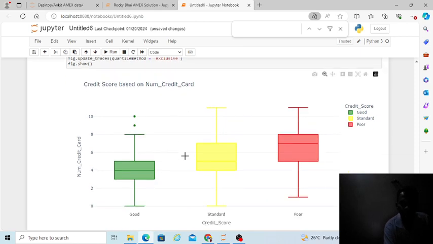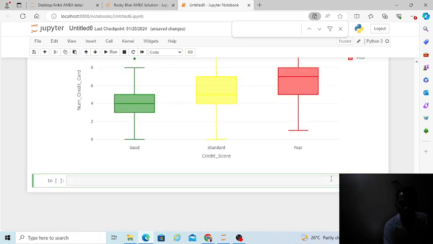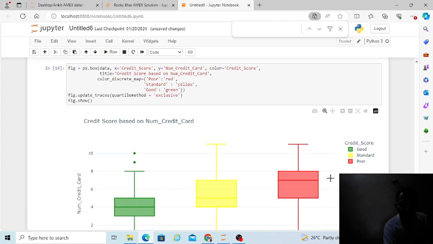So people having a higher number of credit cards have poor credit worthiness. Even the visualized data can tell us this.